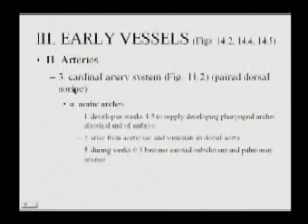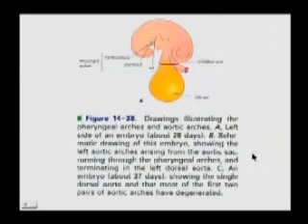We've got enough information. So the cardinal artery system, as we saw, they are the paired dorsal aorta. The aortic arches, of course, develop in weeks 4 and 5 to supply the developing pharyngeal arches at the rostral end of the embryo. They arise from the aortic sac and terminate in the dorsal aorta, as we noted. During weeks 6 to 8, they become the carotid, the subclavian, and the pulmonary arteries.